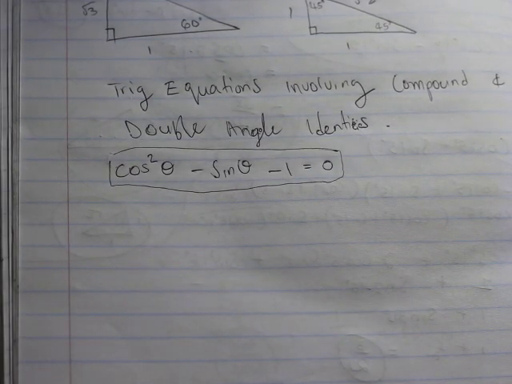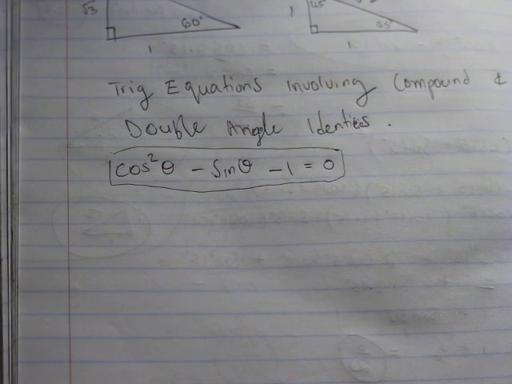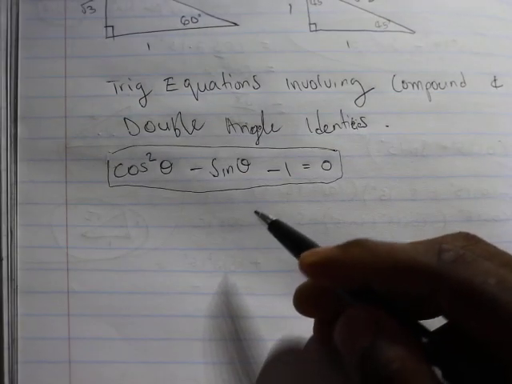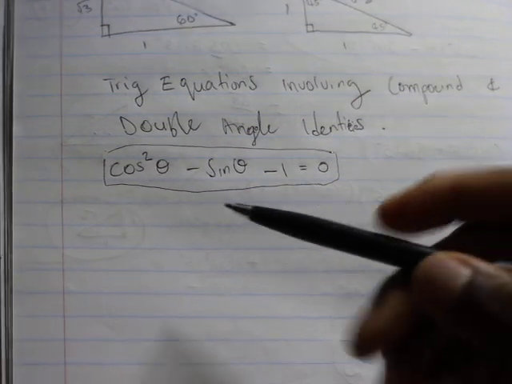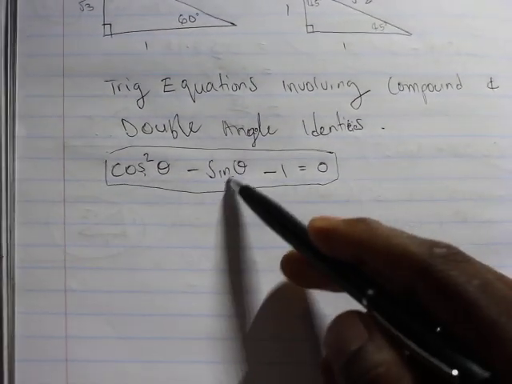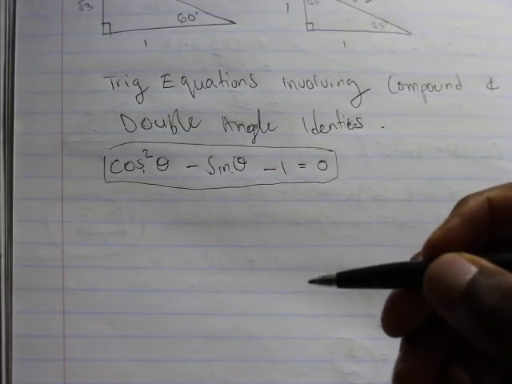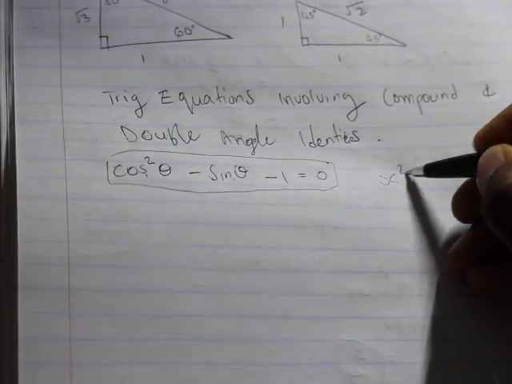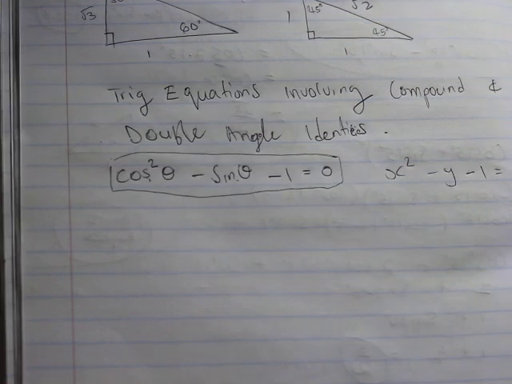Any ideas? Unfortunately, you can't talk to me, and it's such a pity. But you need to ensure that everything is of the same trig ratio. Can you see there's cosine here, there's sine there? It's like when you want to solve a quadratic equation, and there's x squared minus y minus 1 is equal to 0.